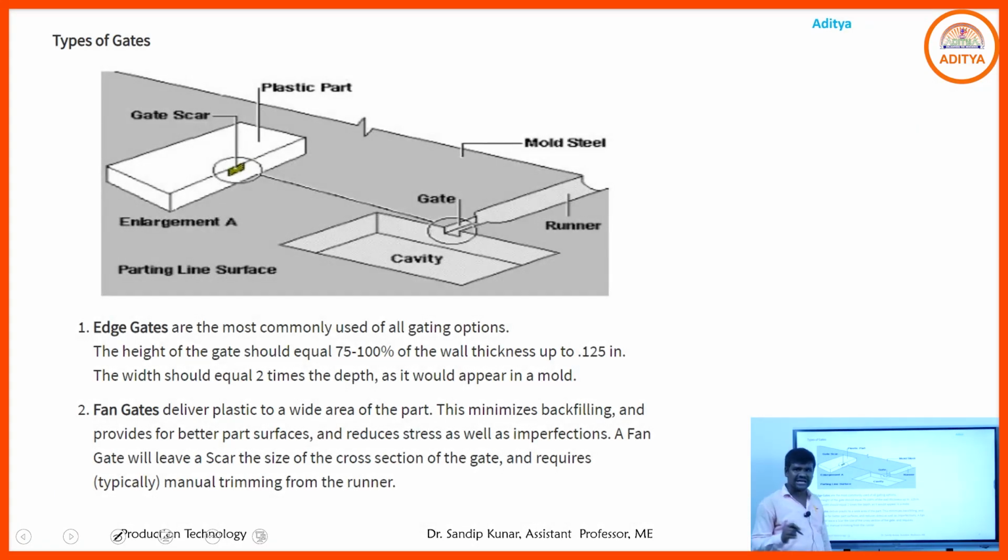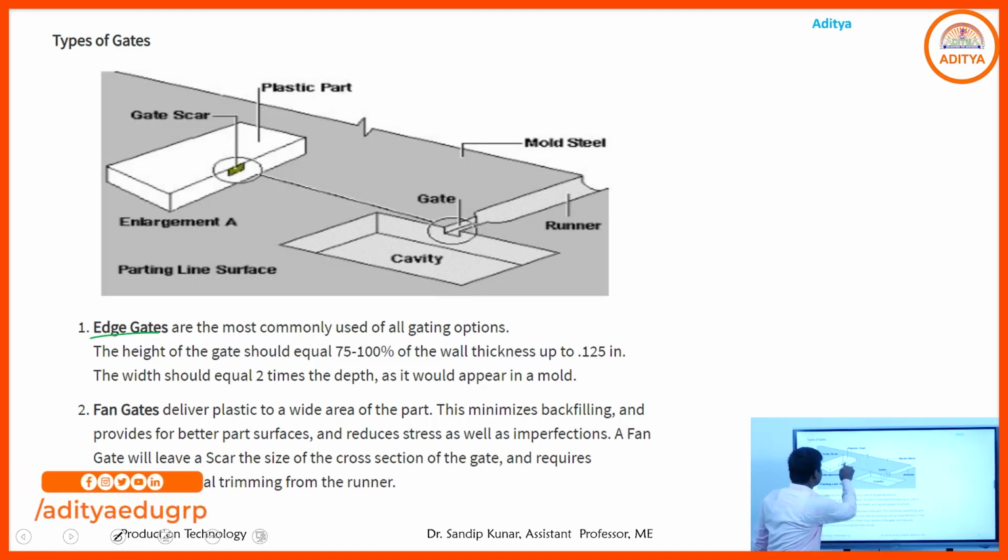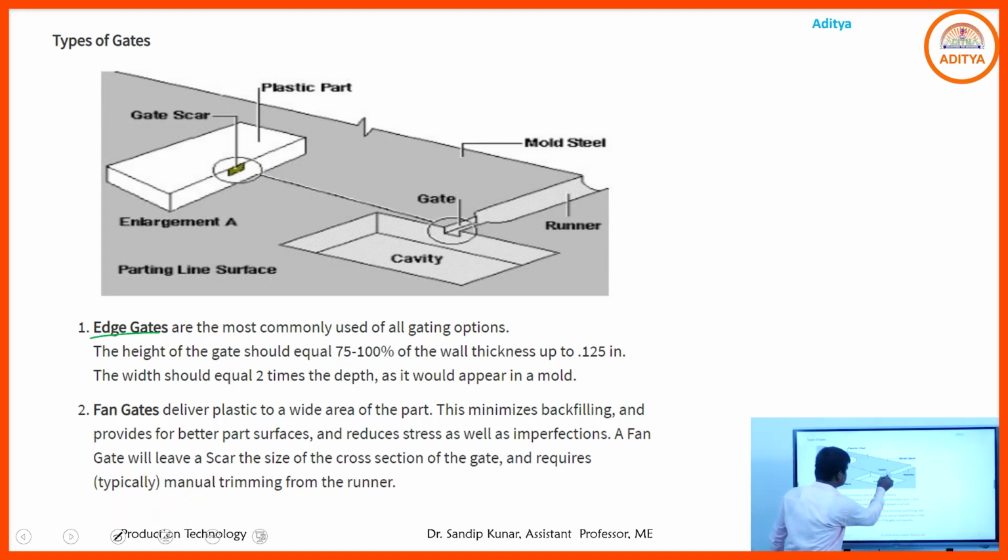Now we show the types of gate. What are the types of gate? First, edge gates. In that case we see different types of plastic parts produced by the liquid molten metal. Here that is the runner, and through that runner the liquid metal will come to the particular mold cavity.